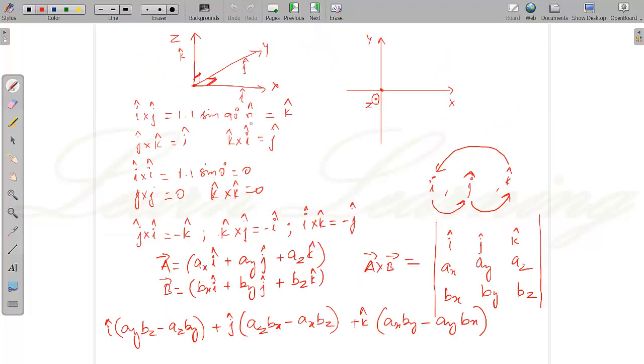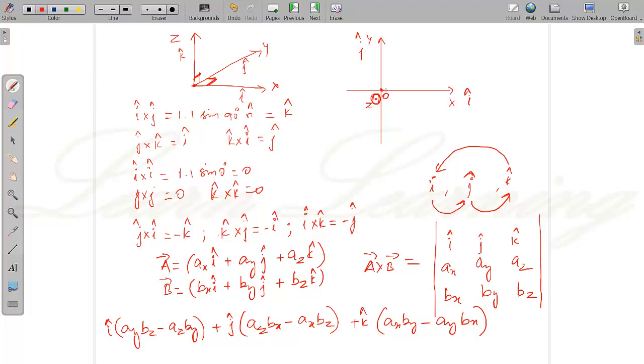Now let's see what about I, J and K. Let's say this one is the I direction, this is the J direction. What is the Z direction now? I represent the same thing with the dot. Dot means coming towards you. So the Z direction means a vector originating from this O and coming towards you.